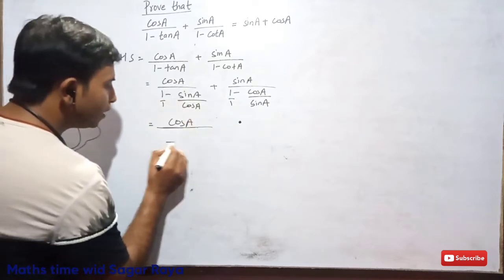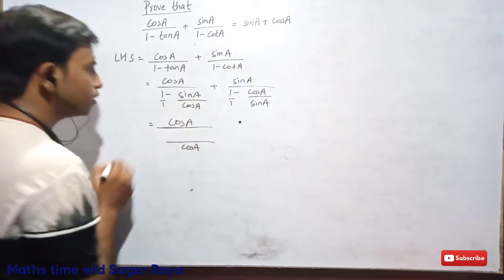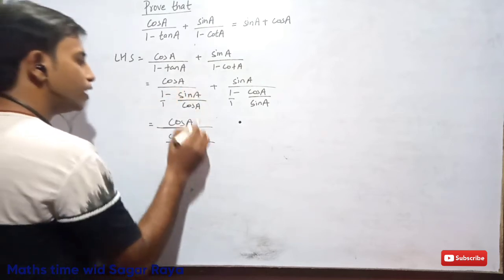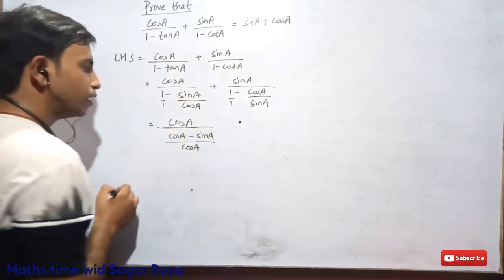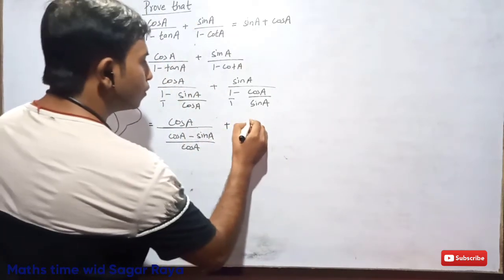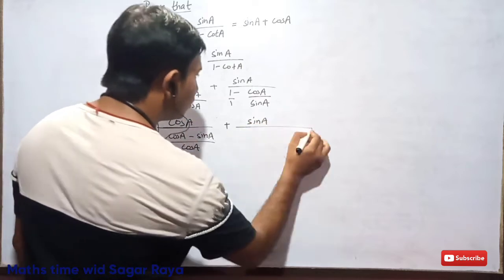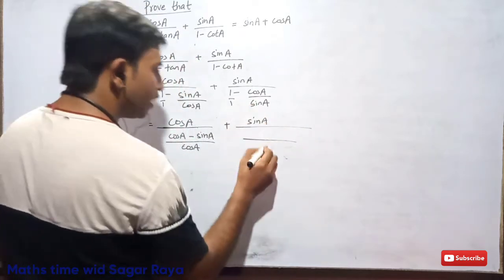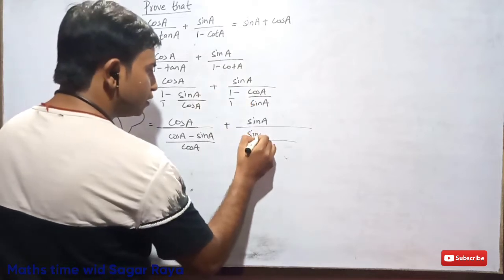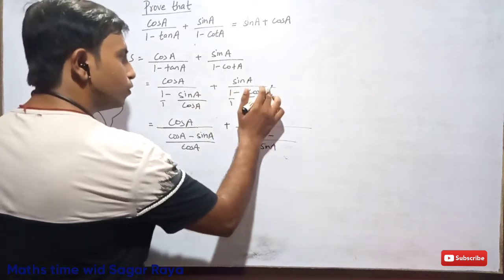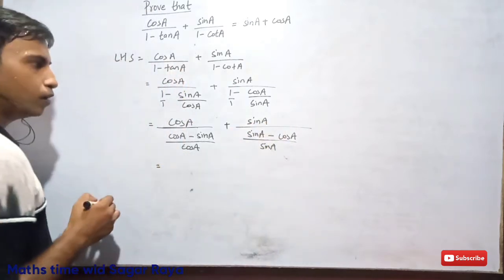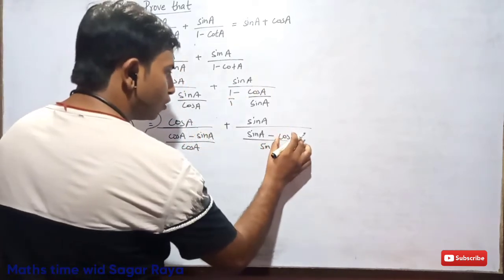So the LCM of 1 and cos A is cos A. So 1 into cos A is cos A, minus 1 into sin A is sin A. So here also, sin A divided by, the LCM of 1 and sin A is sin A. So 1 into sin A is sin A, and minus 1 into cos A is cos A.